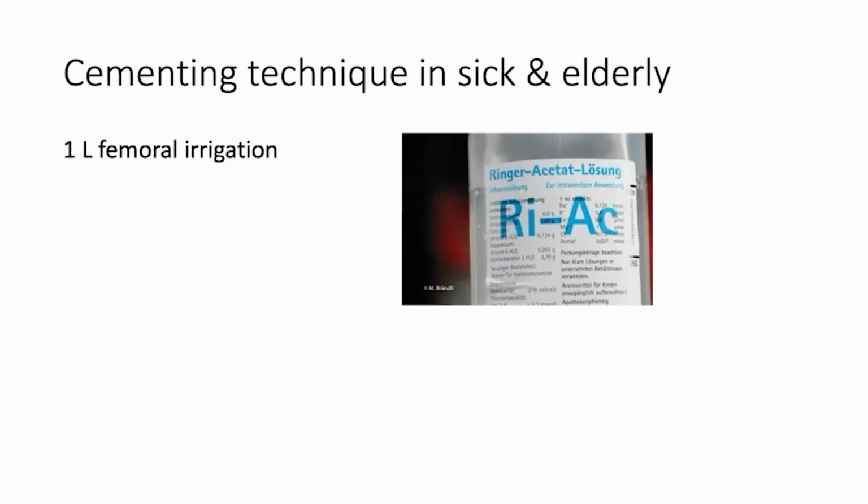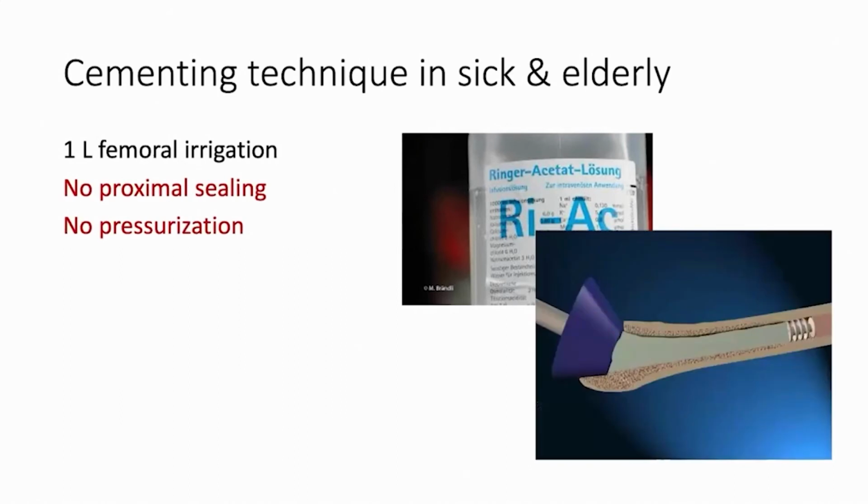So the first step is to use really excessive amounts of high pressure irrigation to get a really clean femoral canal prior to cementation. And then you have to adapt your cementing technique in contrast to what I told you for the younger and active and more healthy patient. You would, in a sick and elderly patient, not use proximal sealing and would not use excessive pressurization, because that's when you get your emboli.